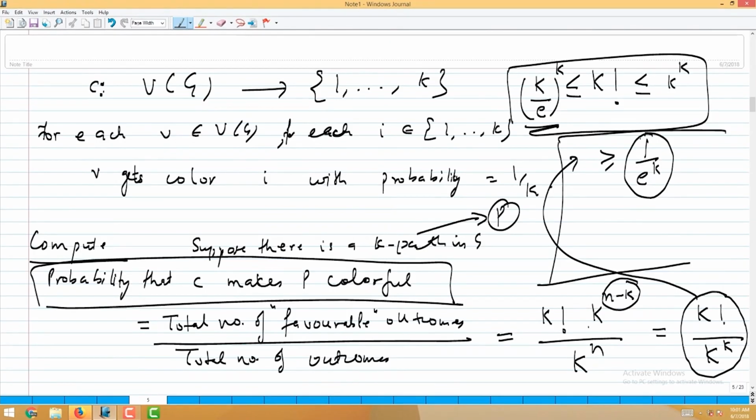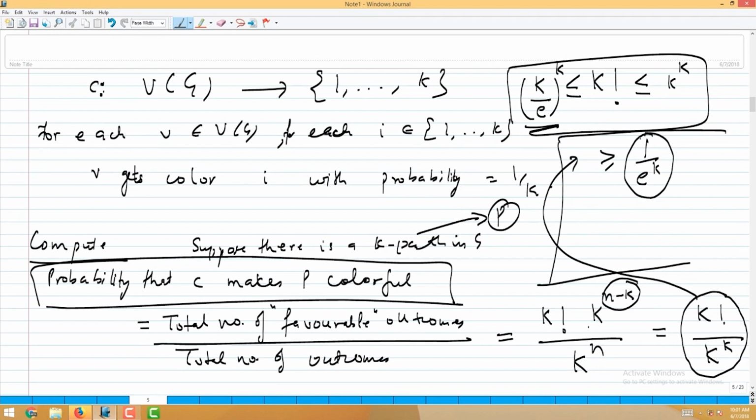But if it says no, we want to say it is correct. If it was no here, then it was a no in the original graph. Or in other words, if there was a k path here, it would say yes with probability at least 1 by e power k, because this is the probability with which this coloring would have colored this k path colorfully, right?